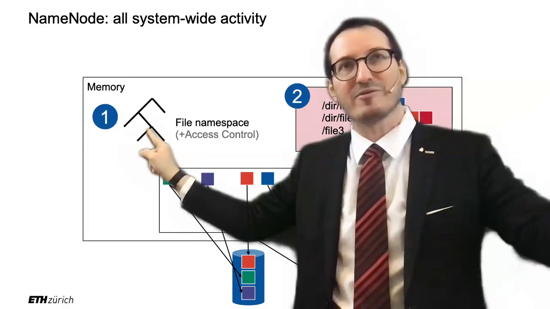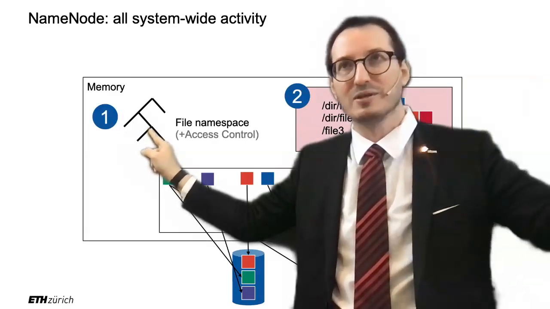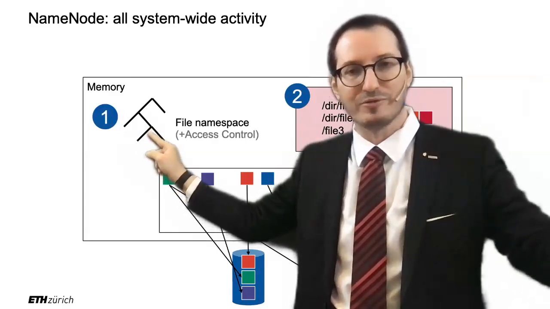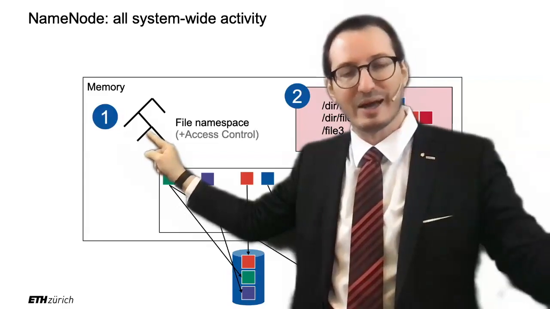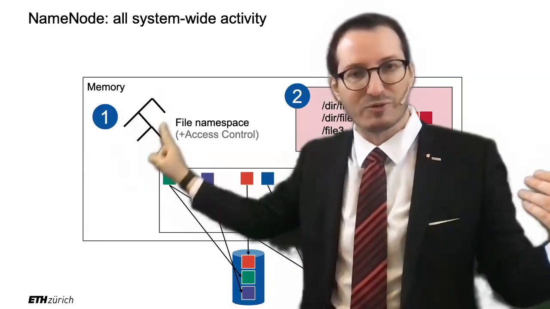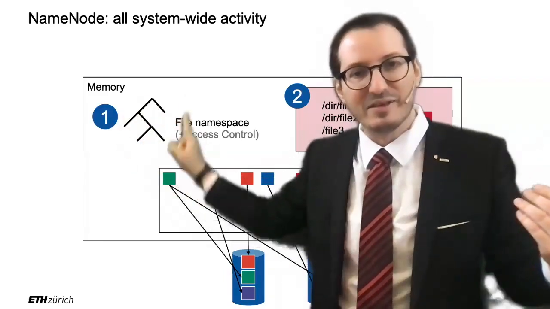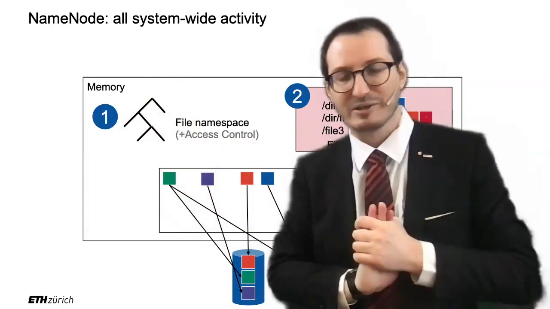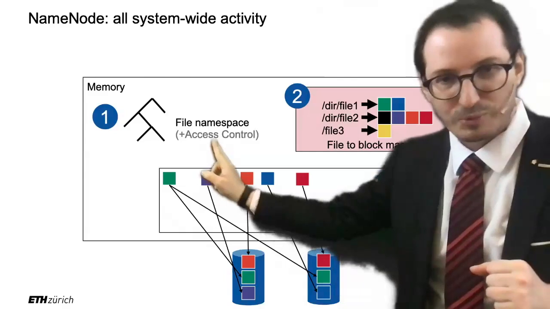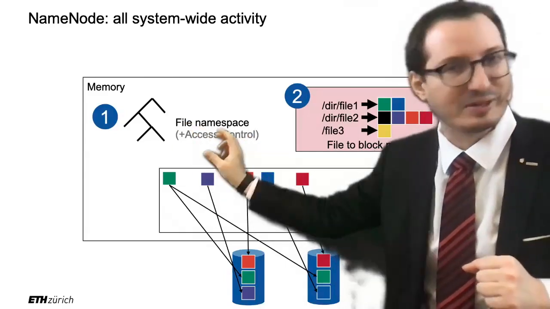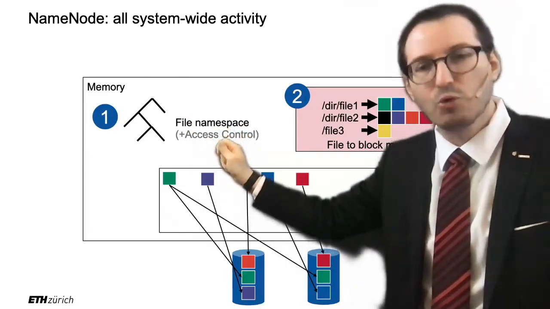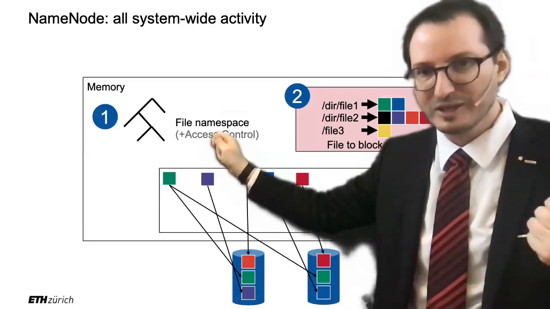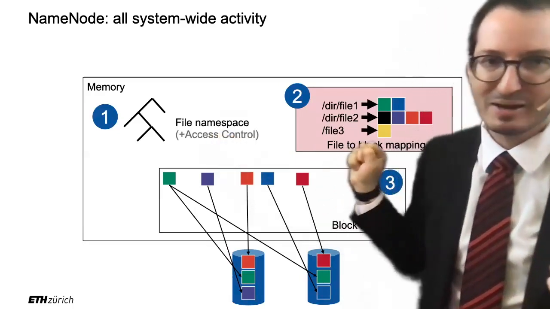POSIX is the standard used in Linux, Unix, and so on for the command line access to the file system, for example, and many other things. But this is here compatible with POSIX. A large part is in fact inspired from POSIX. So we have access control. I'm not focusing too much on that, but it is possible to say who owns what data and who is allowed to read and write that data within the company. So that's the first thing.